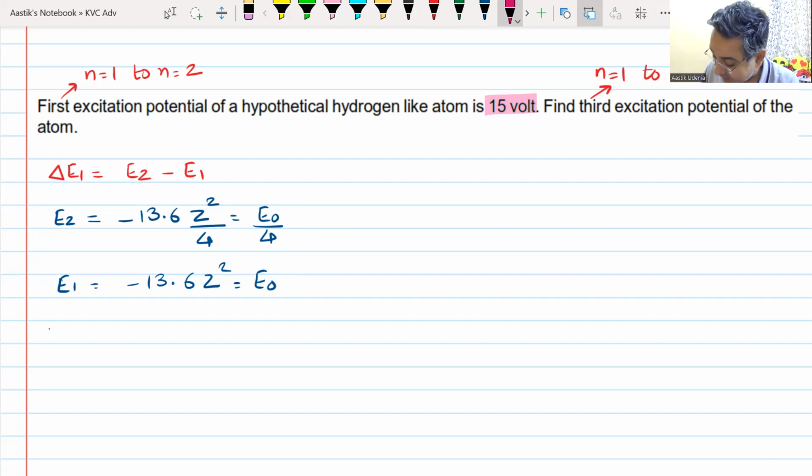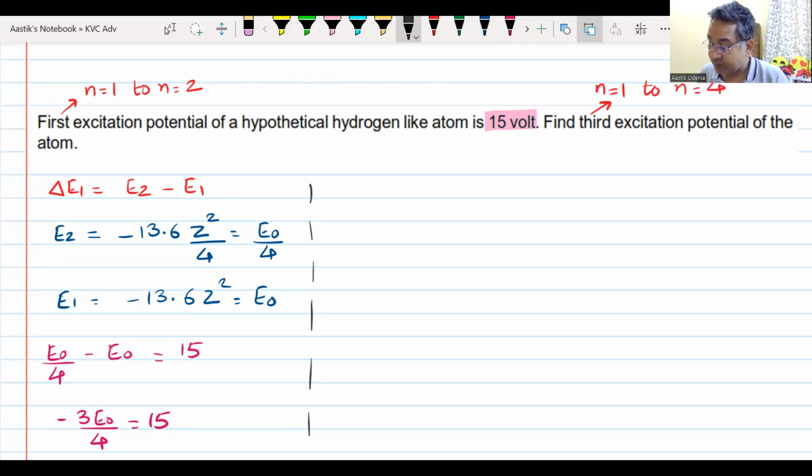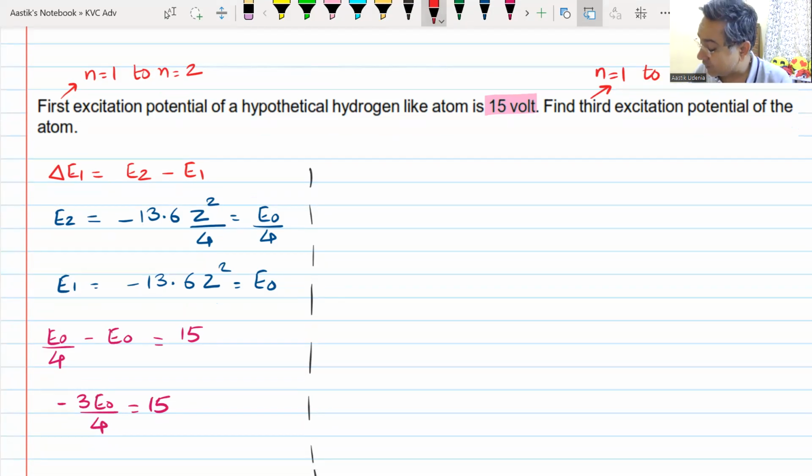So here I can write E0 by 4 minus E0 is given as 15 electron volts. Yes or no? Yes, sir. From here I will get minus 3 E0 by 4 equal to 15 electron volts.